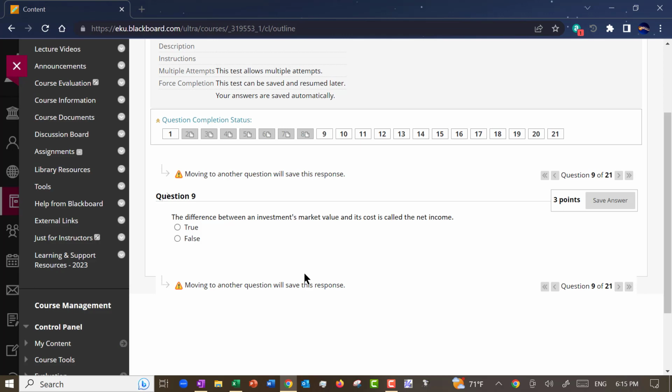Hmm? Why? No, it would be net present value. The difference between investment's market value, which is another term for present value, and its cost is the NPV, not net income. All right.